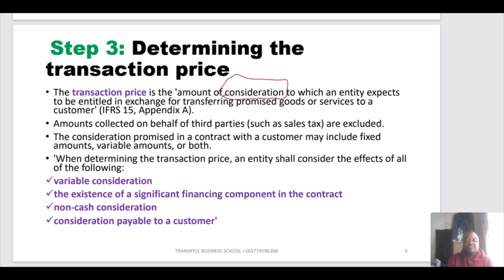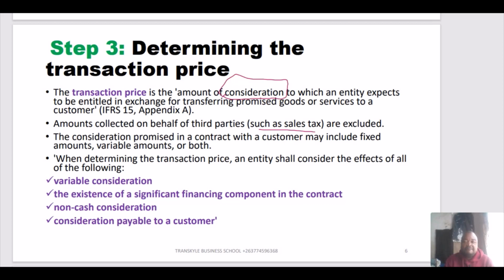Amounts collected on behalf of third parties such as sales tax are excluded. We do not include sales tax in this type of consideration. So the net sales tax figure is the one we are going to consider.